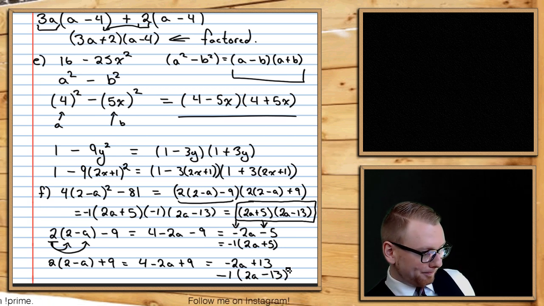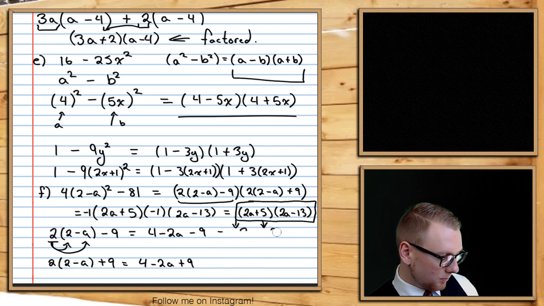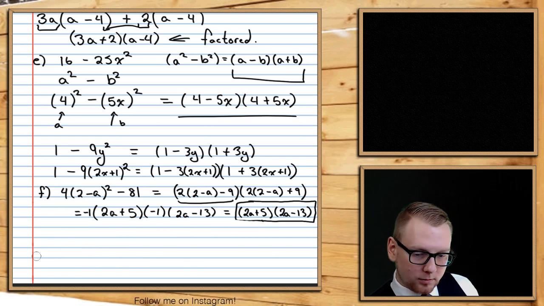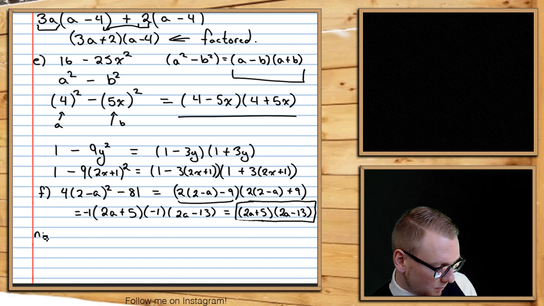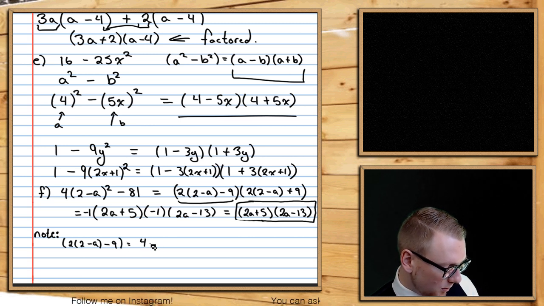So I don't need to write these. I'll erase this right here. And then I'll write a note. Two times 2 minus a minus 9 equals 4 is 2a minus 9.